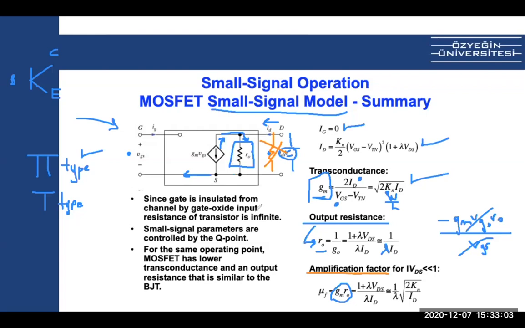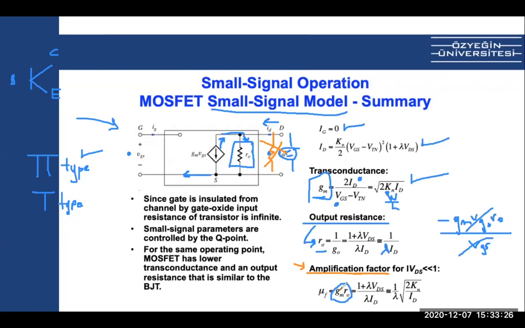And this is an important parameter because when technology scales, we usually care about these factors: how good a transistor can amplify. It's a good performance indicator.